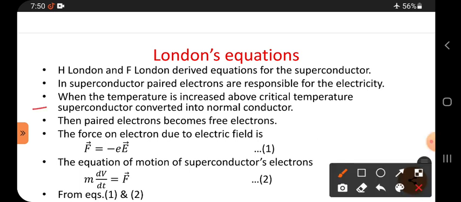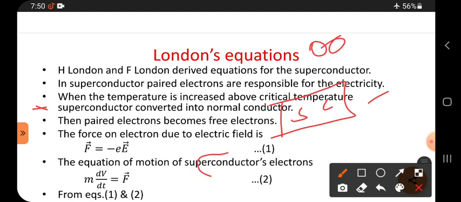When the temperature is increased above the critical temperature, the superconductor is converted into a normal conductor, right? Suppose it is a superconductor with paired electrons present. If you increase the temperature, the bond between the paired electrons will break, and the paired electrons become free electrons.